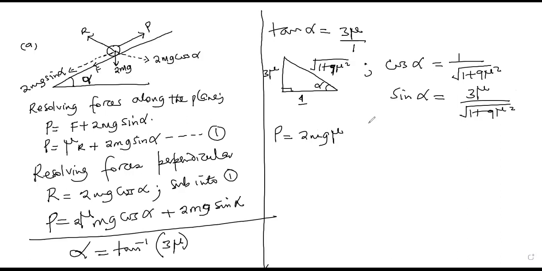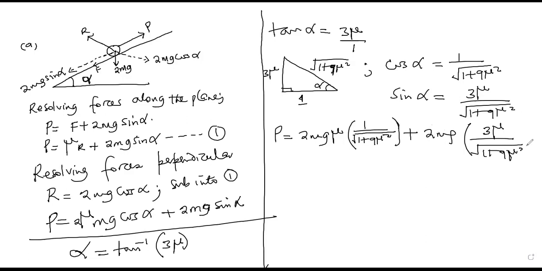Then instead of writing cos alpha, I'll put 1 over the square root of 1 plus 9 mu squared, then plus 2 mg. Instead of writing sine alpha, I'll write 3 mu over the root of 1 plus 9 mu squared.